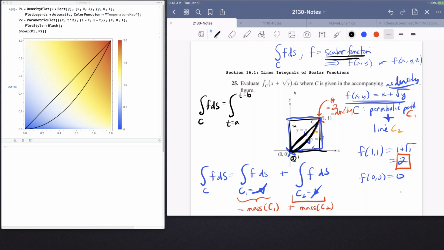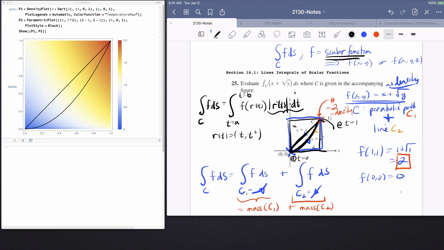Along the parabola path, you're at one point at time 0 and at the other point at time 1, and the parameterization of that path would be t comma t squared. You'll find the density function along the points along that path, then multiply by the magnitude of the velocity and integrate with respect to t.